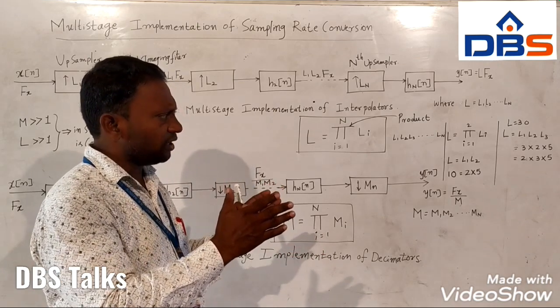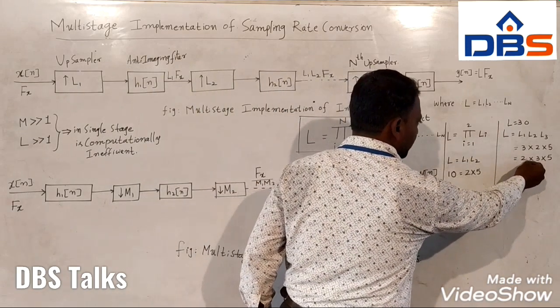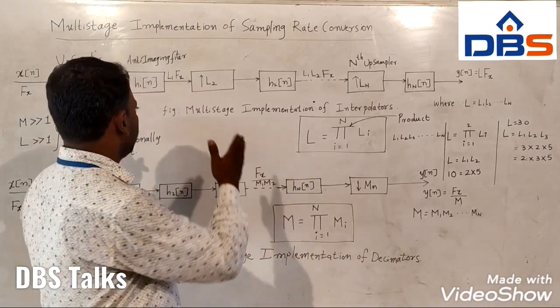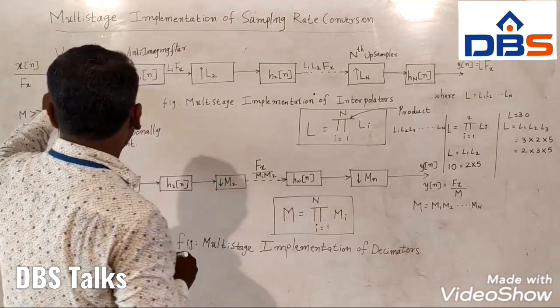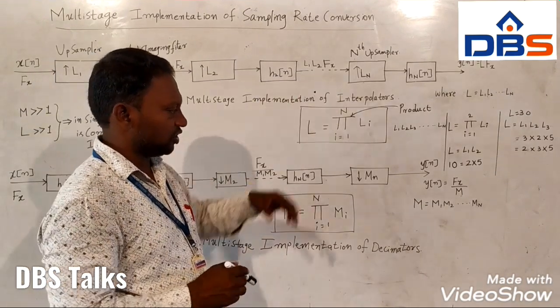Two 3s are 6, six 5s are 30. This is for L equal to 30. In the first stage, I take L1 as 2. In the second stage, I take L2 as 3. In the third stage, I take L3 as 5.